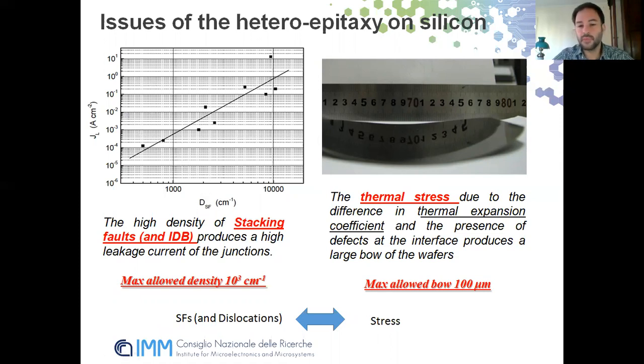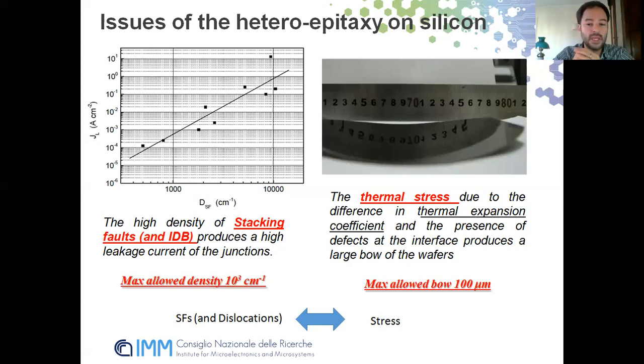Another problem is the difference in the thermal expansion coefficient. When we grow our epi layer on silicon, we grow at about 1400 degrees. Then we decrease the temperature to room temperature.